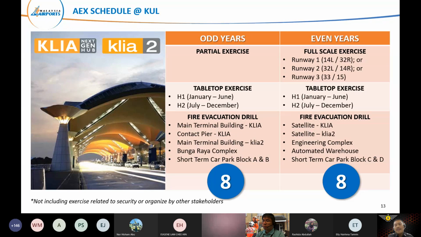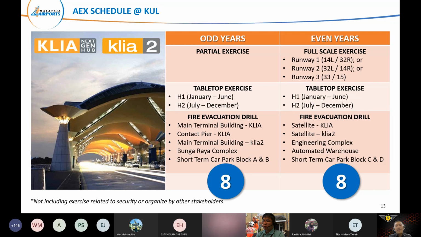And for even years, like 2020, for example, we conduct a full-scale exercise. Since we have 3 runways, we do it alternately every 2 years. And despite ICAO mentioning one tabletop only, we do it twice, even during the full-scale exercise year. We also conduct fire evacuation drills at our 5 structures or buildings.